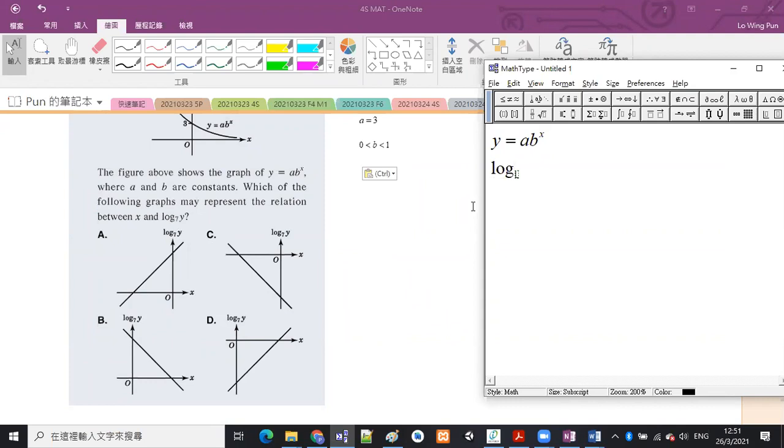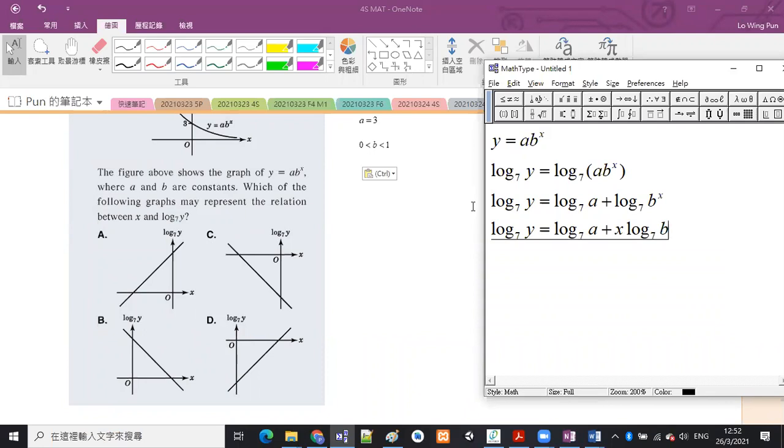and the base of the log should be 7. It's very obvious, I think. Okay, so log base 7 of a times b to the power x, and the left hand side is no change, and then we just split the right-hand side into log a plus log b to the power x. And then the x can be brought to the front of the log. Okay.